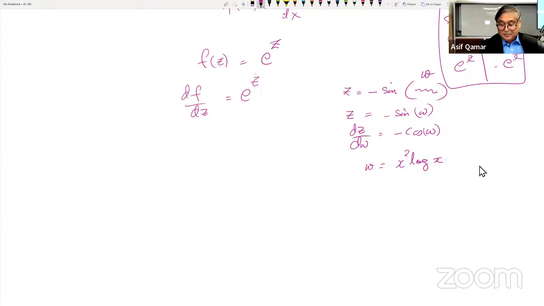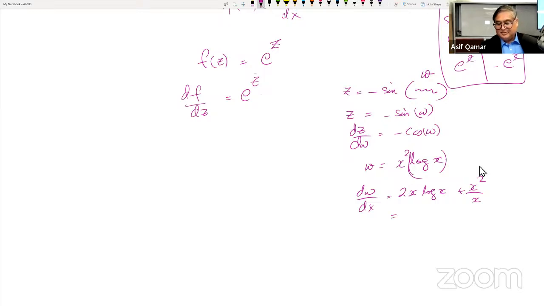Now, can we find dw/dx? We can. This is made up of two parts, this part and this part. So we can say 2x log x plus x squared times the derivative of log x, which is 1 over x, isn't it?